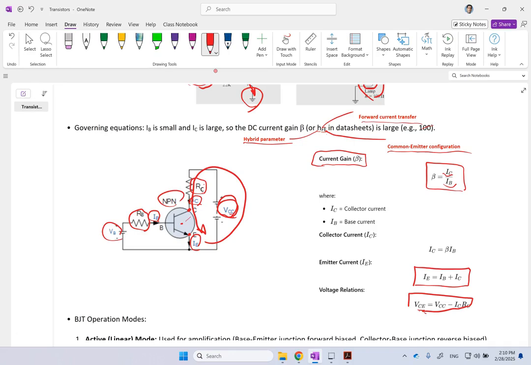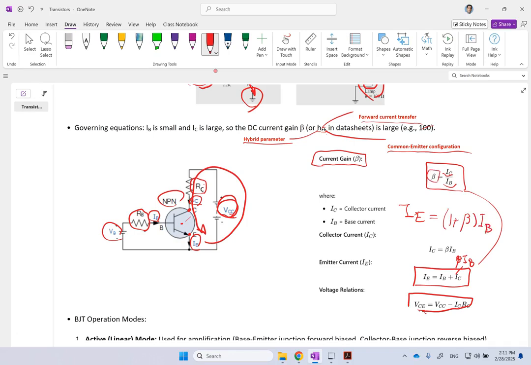And from these two, you can see that I of the emitter is going to be beta times IB plus IB, so it is going to be (1 plus beta) times IB.